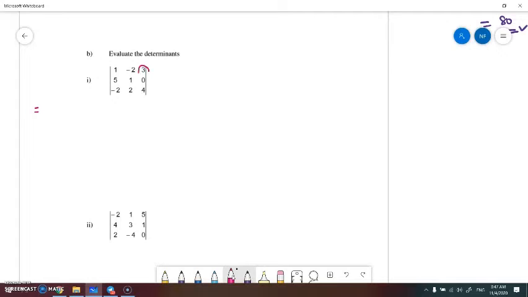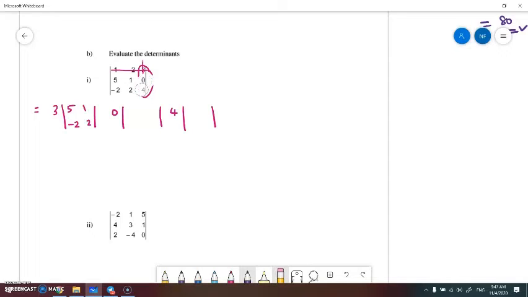So let's say here I want to use the third column. In the third column you have 3 and then 0 and then 4. For 3, you just have to close the row and column for 3. So you get 5, 1, negative 2, 2.